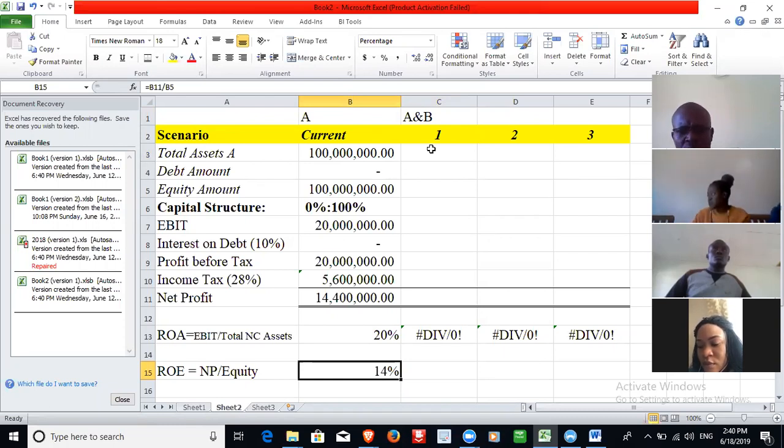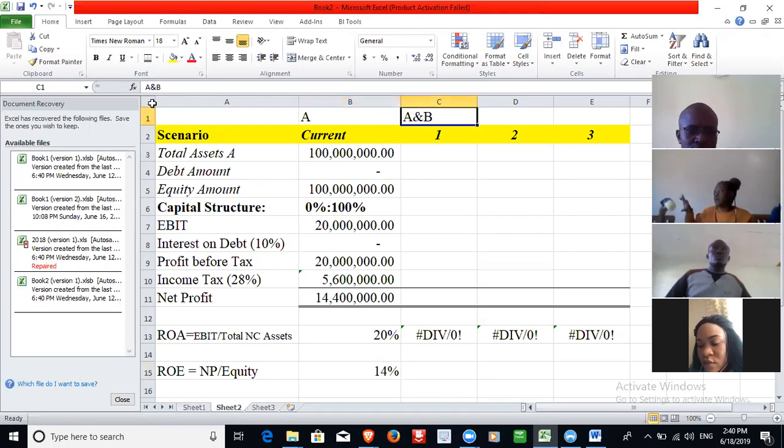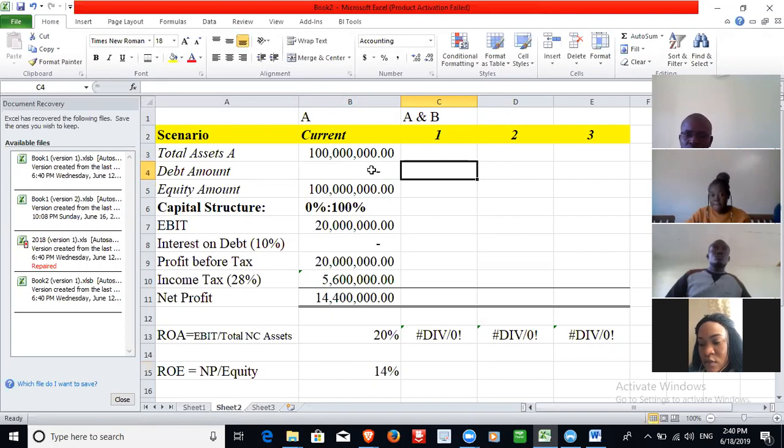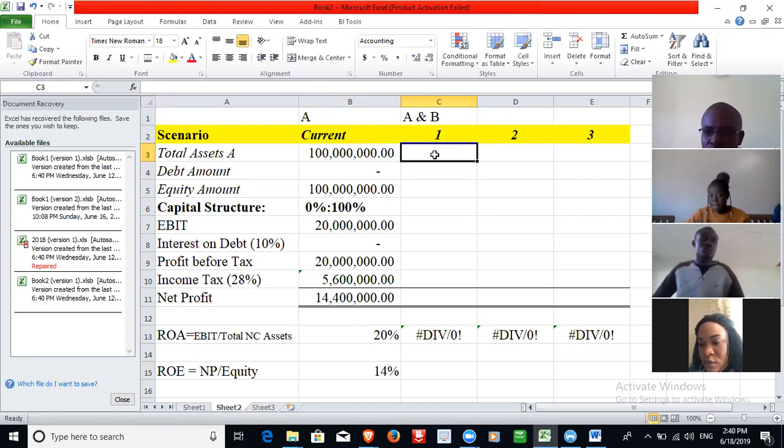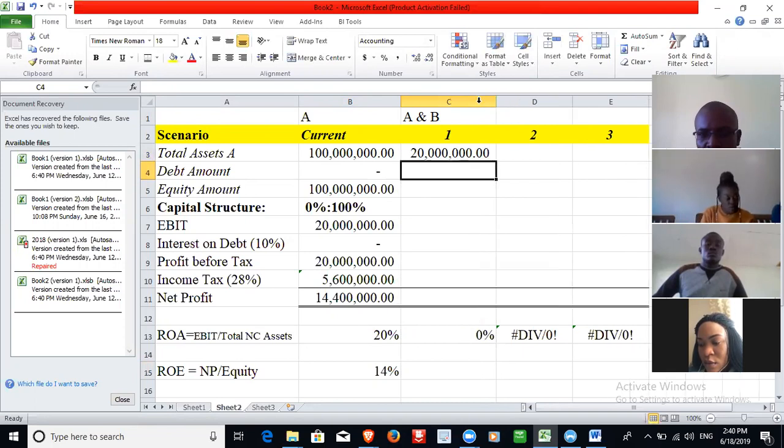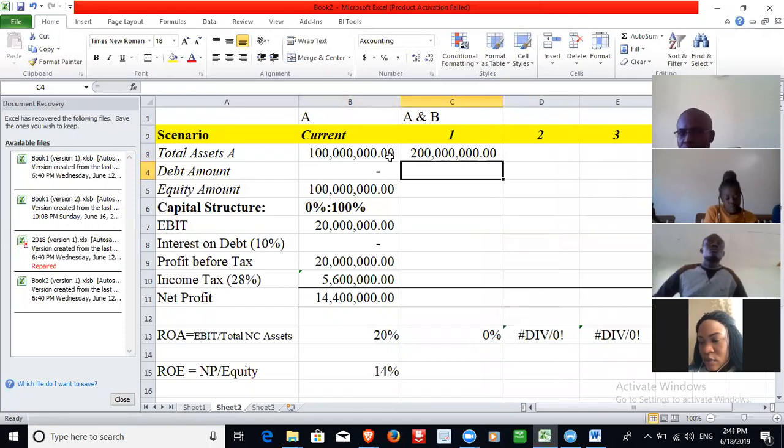Assume you want to purchase plane B, another plane in tune of 100 million. So meaning to say, total assets will be 200 million.